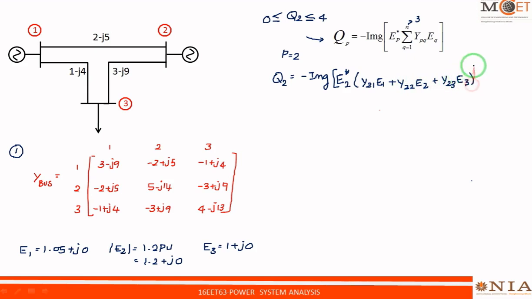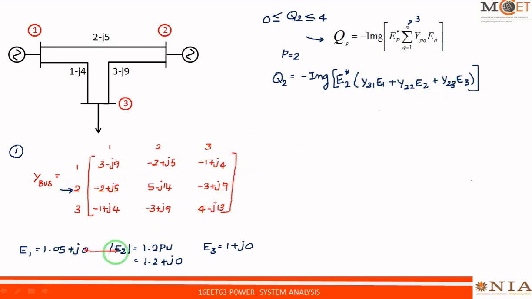Here E2 star indicates the conjugate of E2, and Y21, Y22, Y23 are the values of the second row of the Y bus matrix.